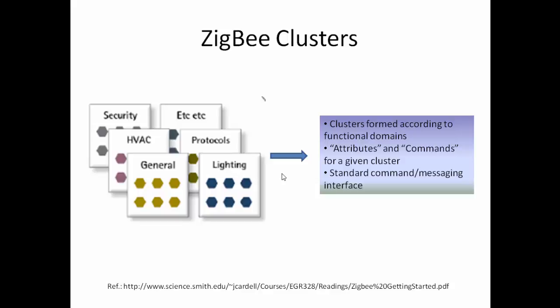For a given cluster, attributes and commands are defined, and since these are defined, it enables a standard command messaging interface. So application development can be ensured in a reliable and generic way, so that different vendors or manufacturers can still communicate among their devices and extend their operation.